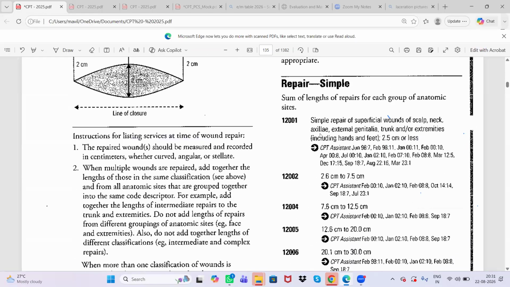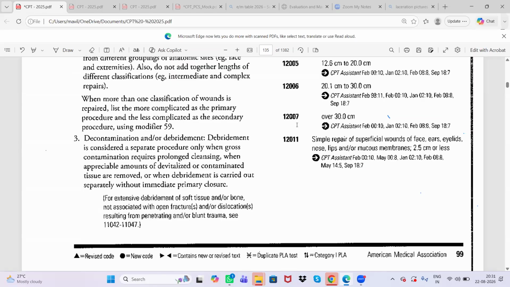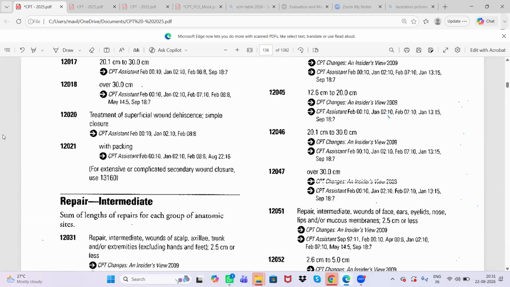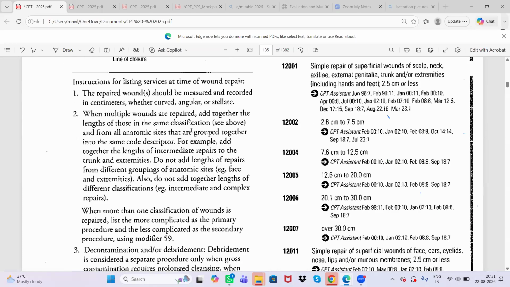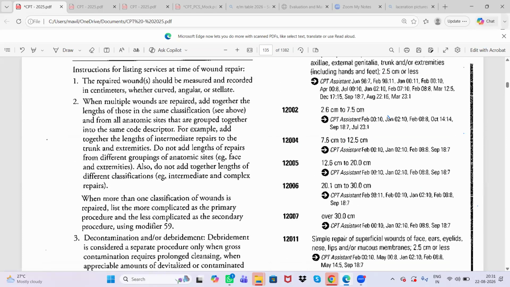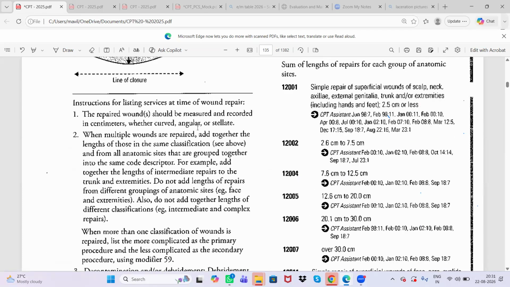Repair, simple. Okay. Simple. 12001 to 12021. This is the code range for the simple, right? So here, based on anatomical areas, the code range will be different.